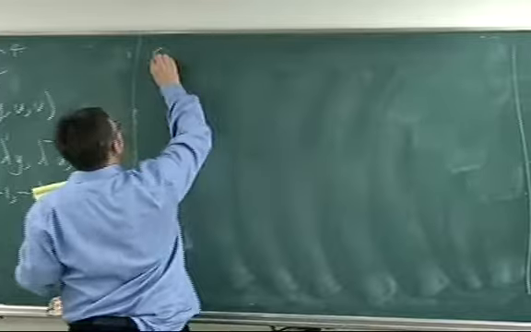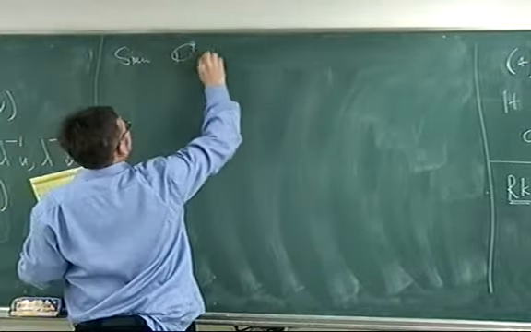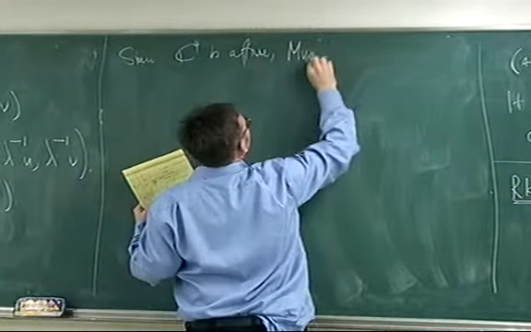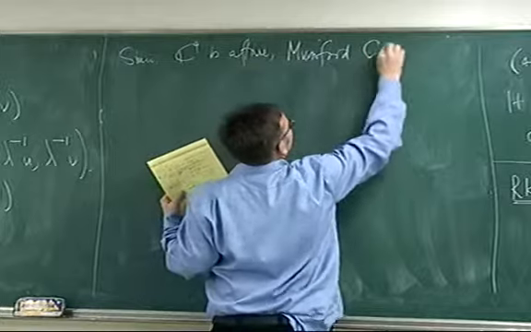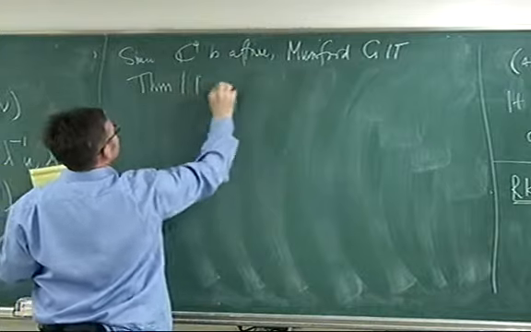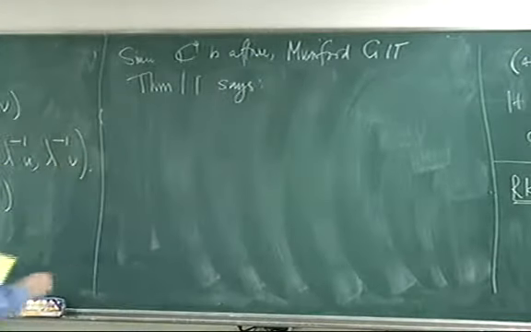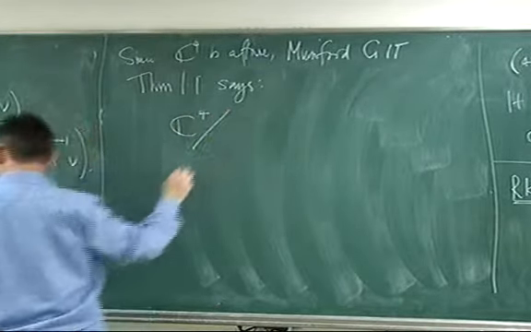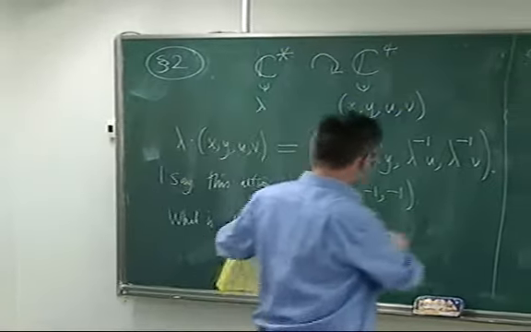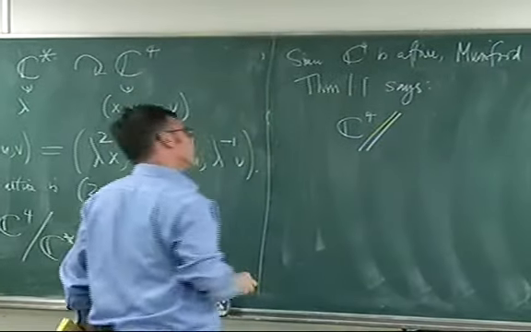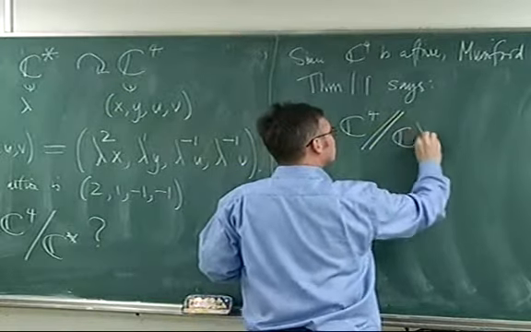So since C4 is affine, Mumford, geometric invariant theory, theorem 1.1, says that, well, not the orbit space. I don't want to get into the details of GIT, but just to be honest, I don't want to write the orbit space, which this notation seems to indicate, but the categorical quotient. But anyway, it's the quotient that I want.